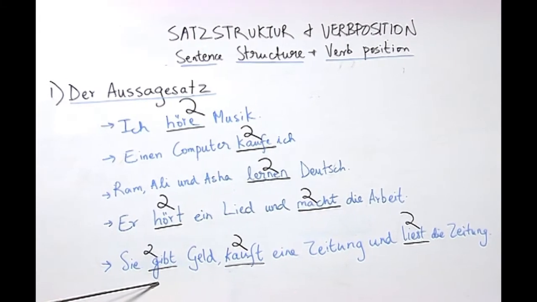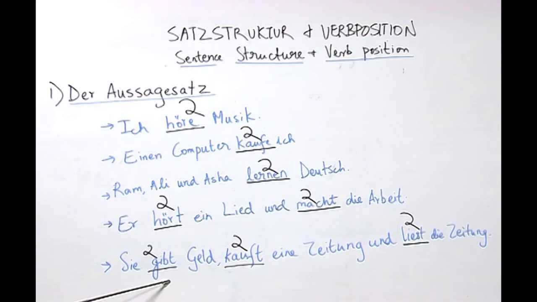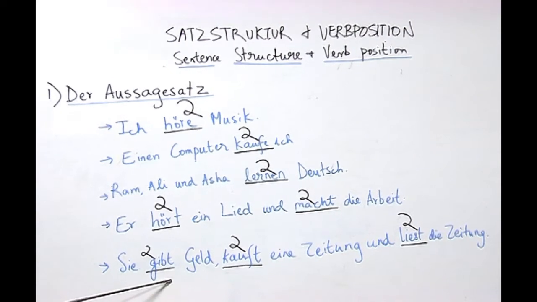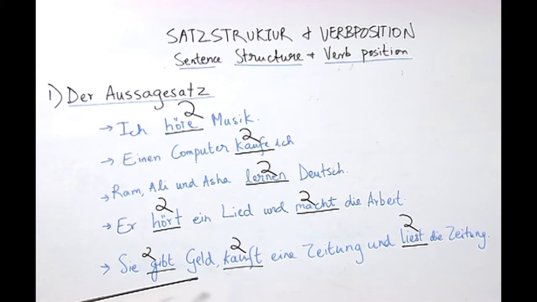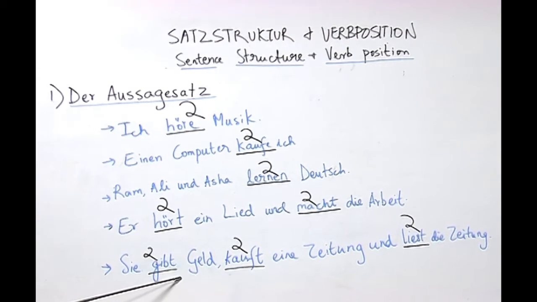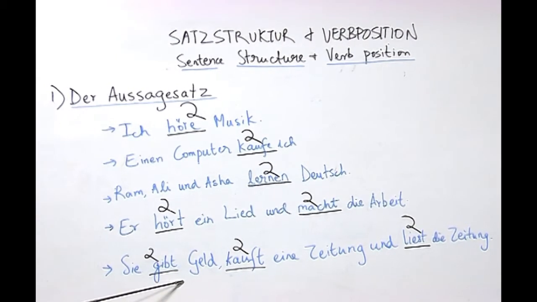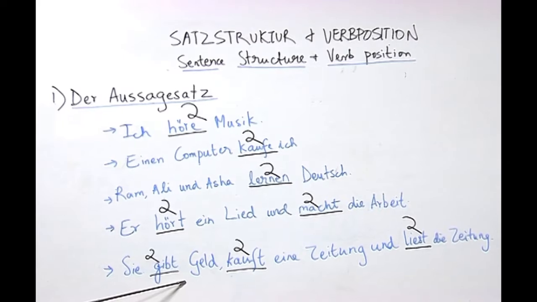Please remember that you cannot change the position of the verb. You may change the position of the pronoun or the noun or the other elements, but there are also certain rules regarding that, to which we would go later.